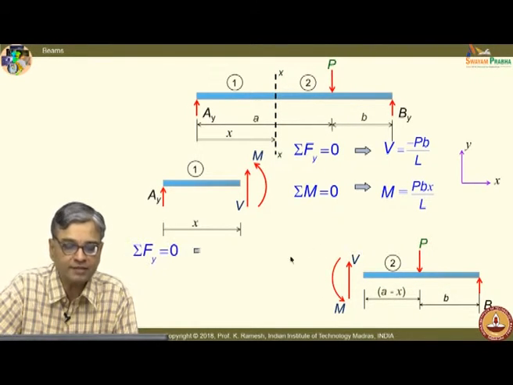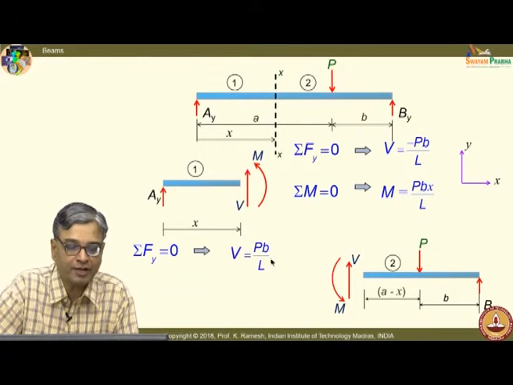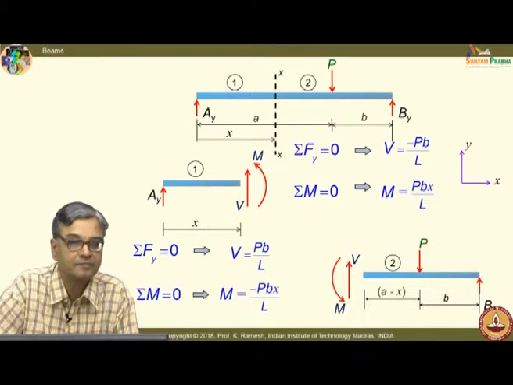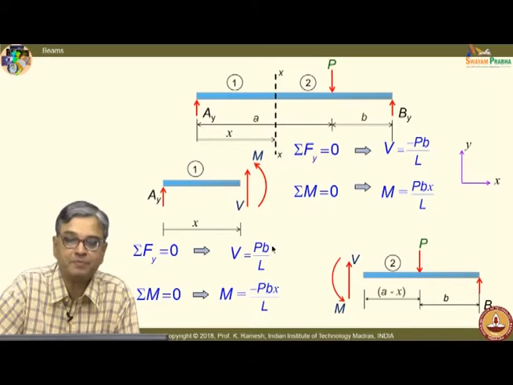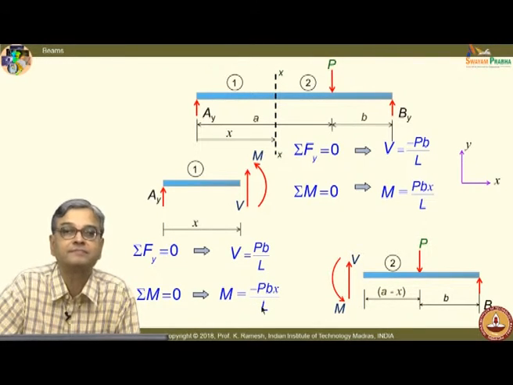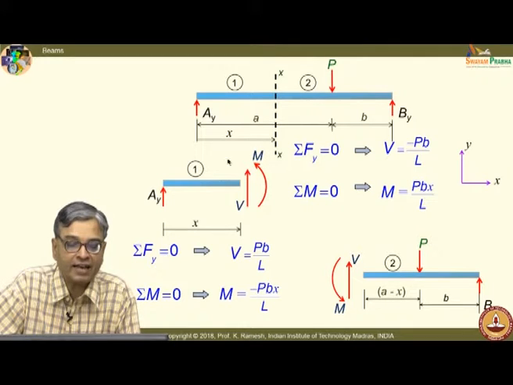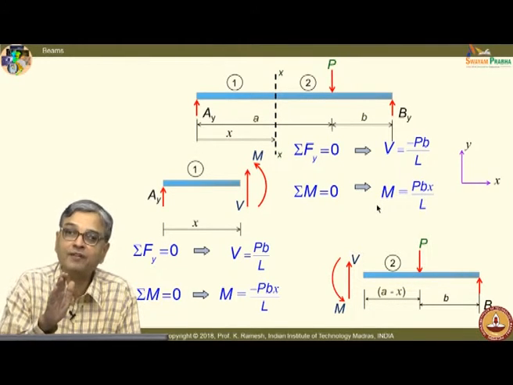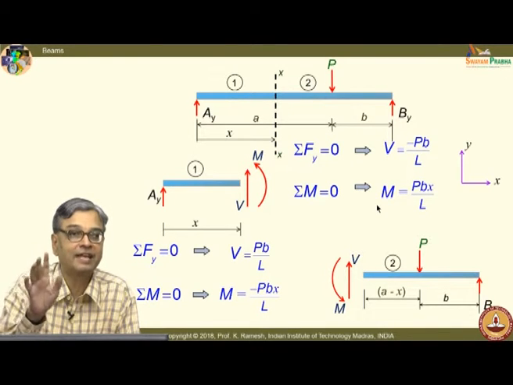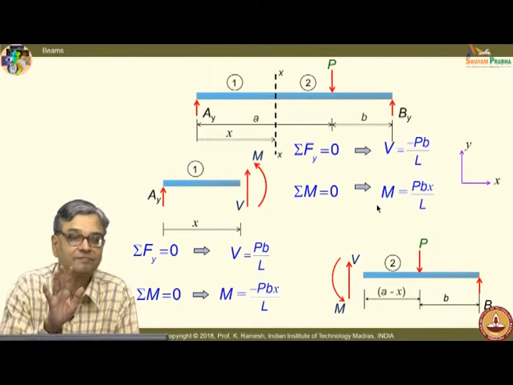When you do this, I would see the magnitudes are all right, but the sign has a difference. I get V as Pb by L, M as minus Pbx by L. Suppose I go and correct this free body diagram based on this, and I correct this free body diagram based on this, the resulting free body will be only one. There will not be any change. We will see that also.